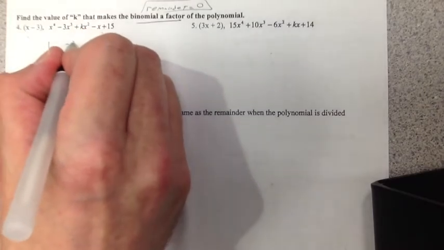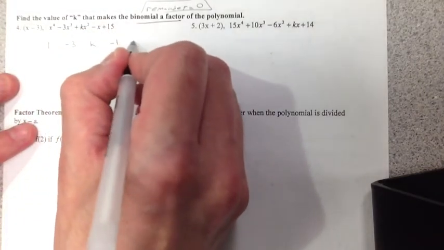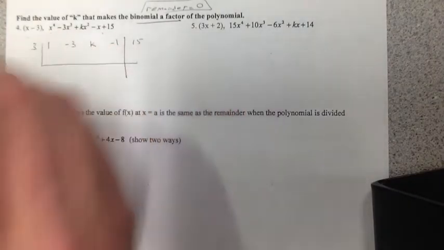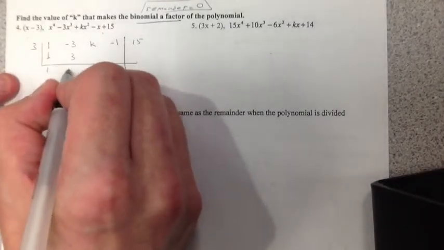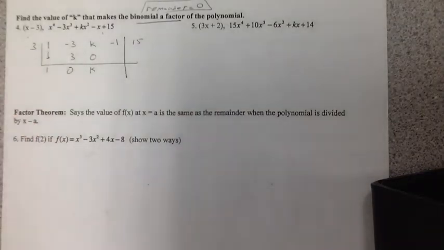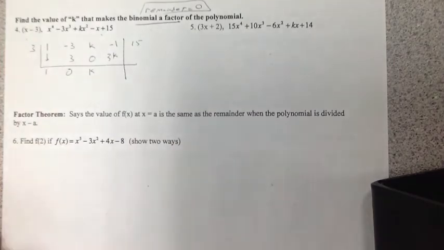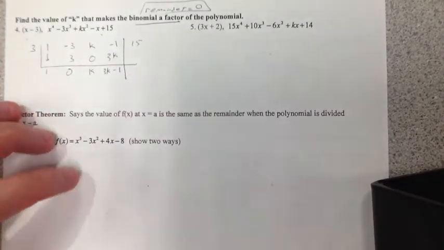1, -3, k, -1, 15. I plug in my 3. Bring down the 1, we get 3, 0, 0, k. Cool. 3k, are you ready for fun? 3k minus 1.